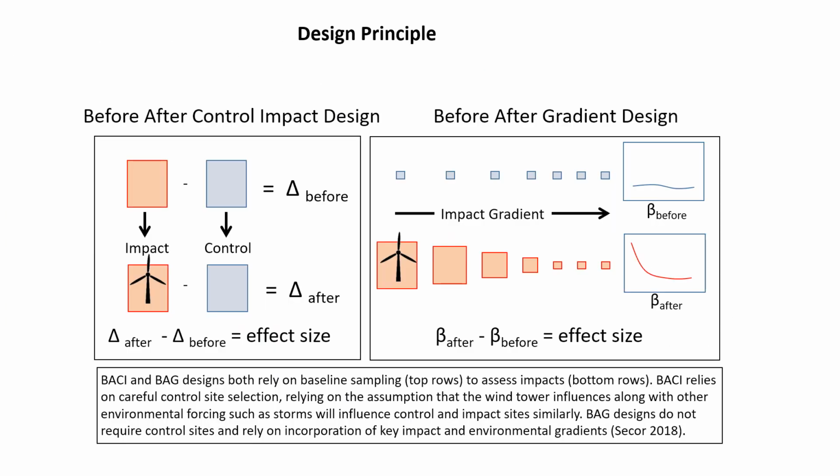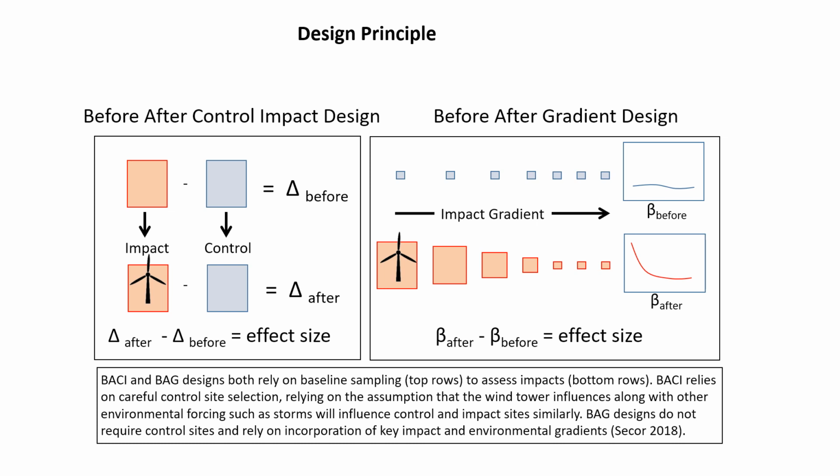In the past, I've introduced the idea of building gradients into survey designs. Now I've got to live by my own words. To review, before and after gradient designs build on Bakke design principles. In Bakke, we are trying to control for temporal effects unrelated to the impact by looking at the differences between impact and control sites before and after the impact.